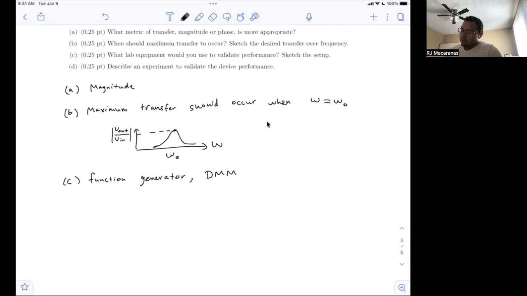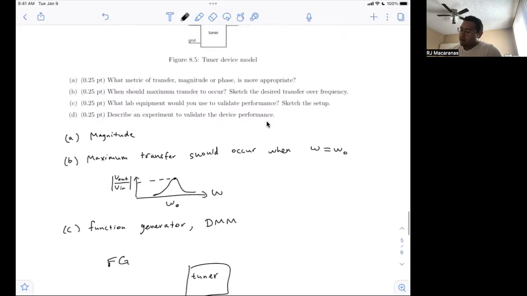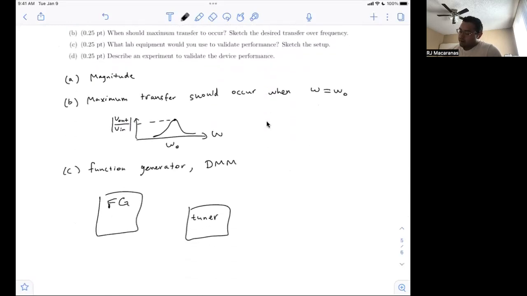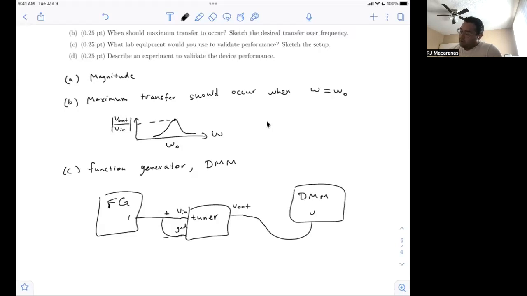So then we would have a function generator, we would have our tuner, and that tuner has an input terminal and a ground terminal, and then it has some output terminal. On the function generator, maybe on channel 1, we would go in here, the plus and minus, so the positive and ground. And then we would measure the output voltage with our multimeter. So measuring voltage, we measure the voltage across V out and the reference ground of the tuner circuit.